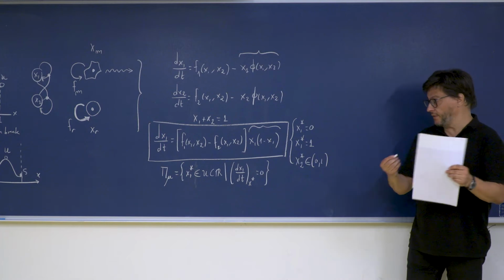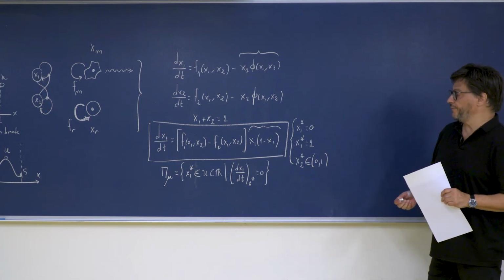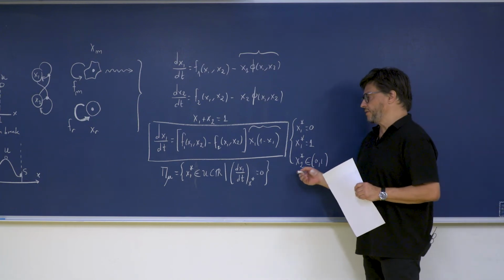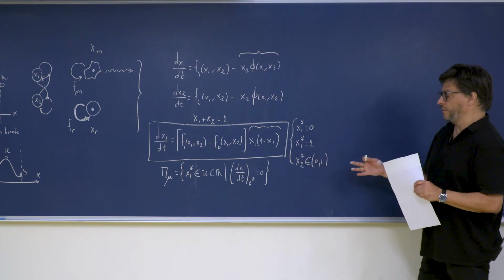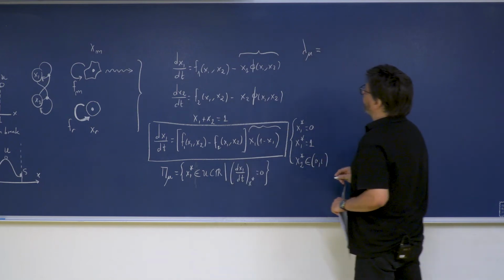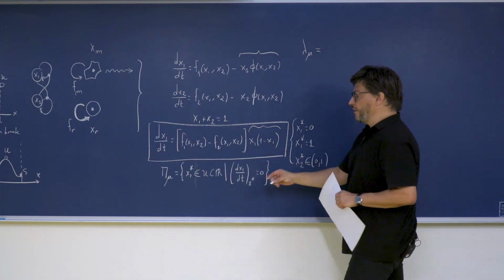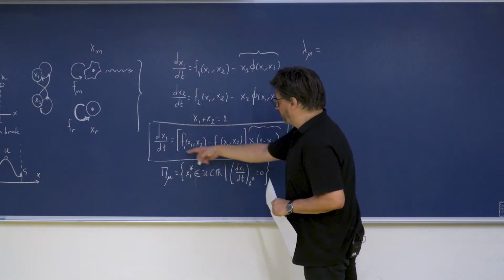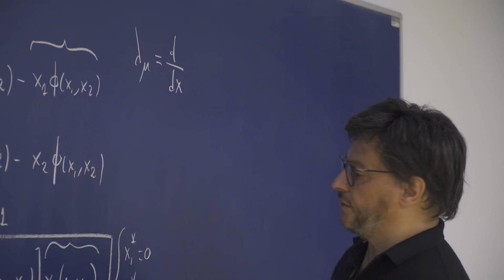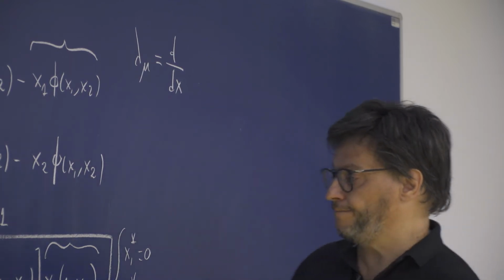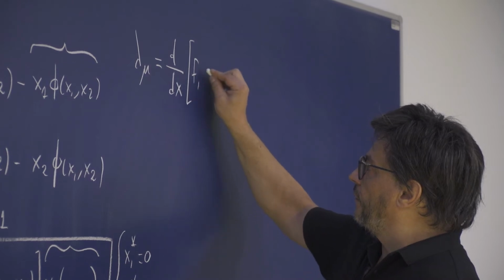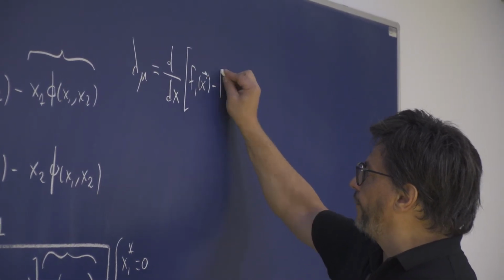Can we make a general derivation here? Let's make it briefly, right? Remember that to characterize the stability of any point in my mathematical models in one dimension, I calculate the derivative over x of the function that defines the dynamics. Of all this, right? Let me write it this way.